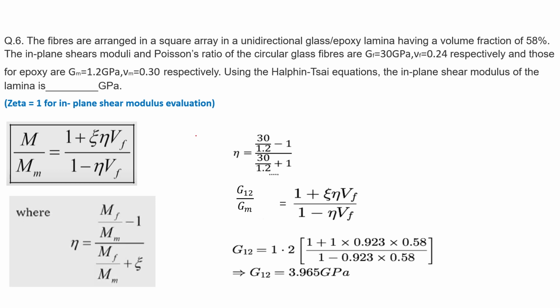Now the equation for the Halpin-Tsai is this, where M is the properties of the composite, MM is the properties of the matrix, and eta is the reinforcement factor, which gives the properties of the reinforcement used. And VF is the fiber volume fraction.